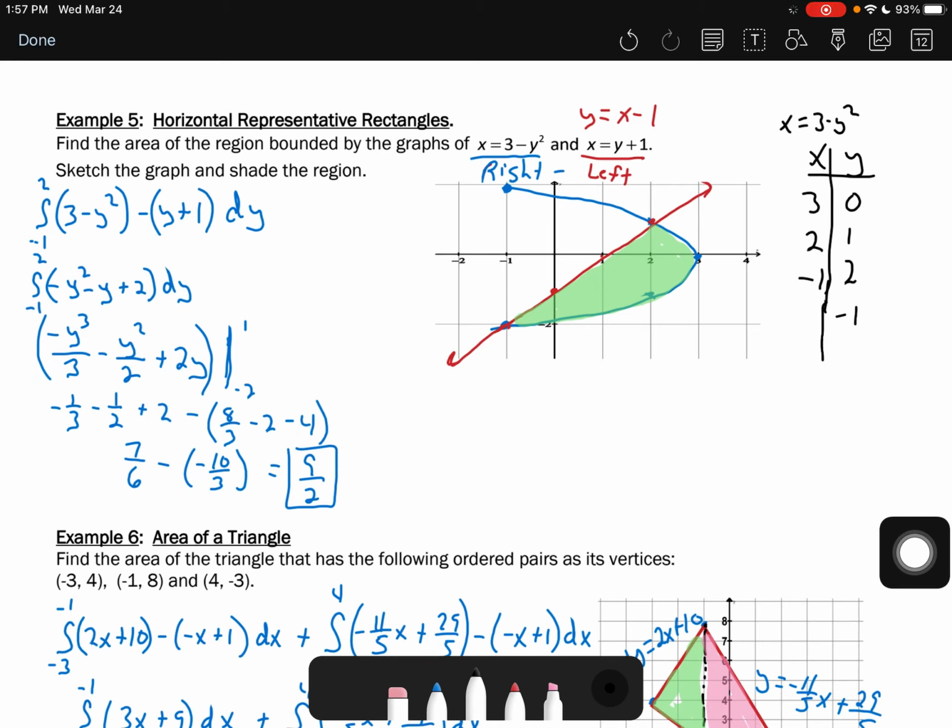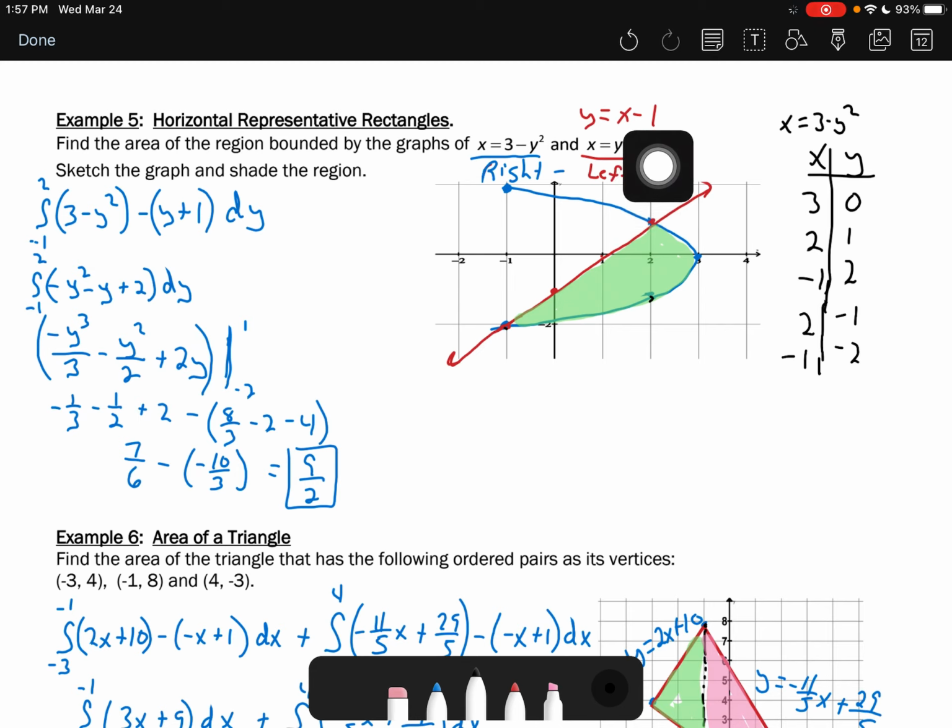If I put negative 1 for y, I get the same output for x because I'm squaring it, so I get that 2. You can see that symmetry happening, and if I put in a negative 2, I would get negative 1 again, and so on. These would be the points that show up, giving us that symmetry, in this case a horizontal axis of symmetry.